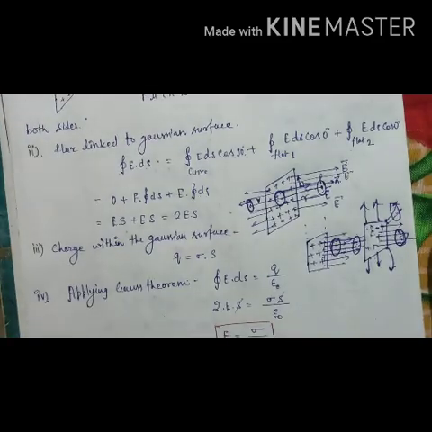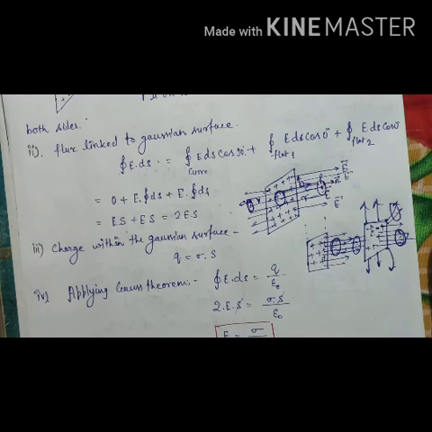E is equal to sigma upon epsilon naught, a special condition for this infinitely large plane sheet. We assume a sheet; a sheet always has two surfaces, not a single surface, and is very thin.